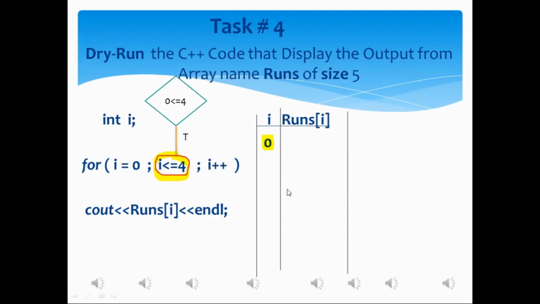Mr. Aftab, after the execution of the condition statement within the for loop statement, we have seen that the condition gets true. As a result of the condition getting true, the control of execution will be shifted to the for loop associated statement.